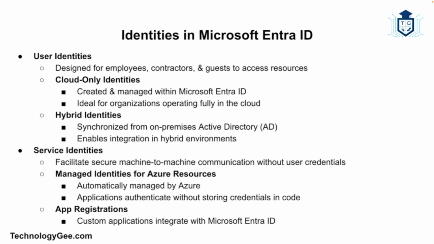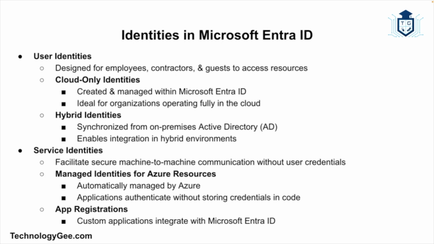Within that, we have what are called cloud-only identities. These are created and managed directly within Microsoft Entra ID. They are ideal for organizations operating fully in the cloud. And then we have what are called hybrid identities. These are synchronized from on-premises Active Directory to Microsoft Entra ID for seamless integration in hybrid environments.